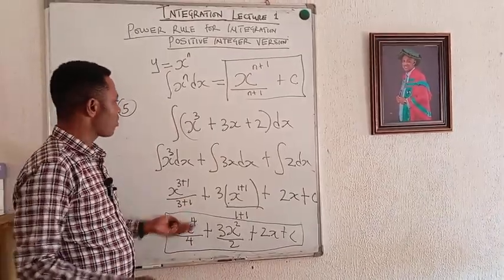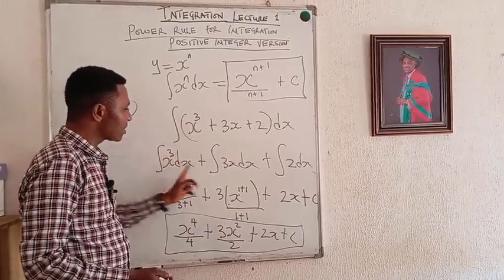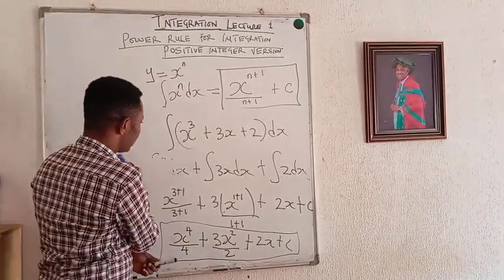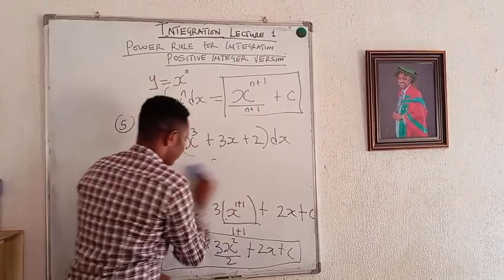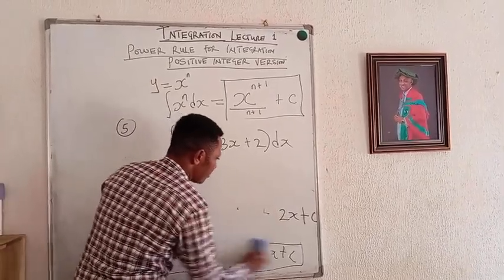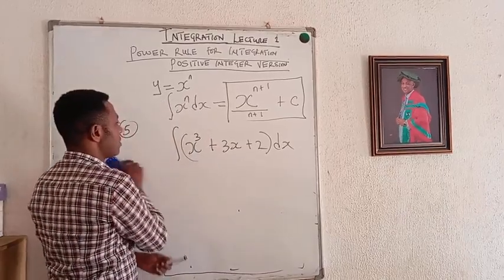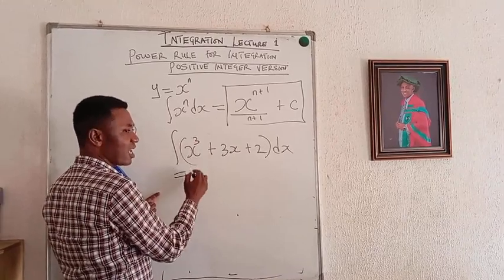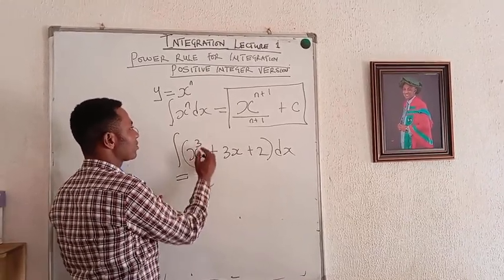But the same way you can do it without separating them directly. It is the same thing. Let me do this. So you can do it without even separating each of the terms. Here, you just say integrate x power 3, you have x, the power is 3.